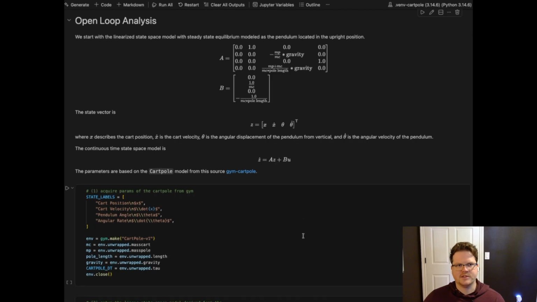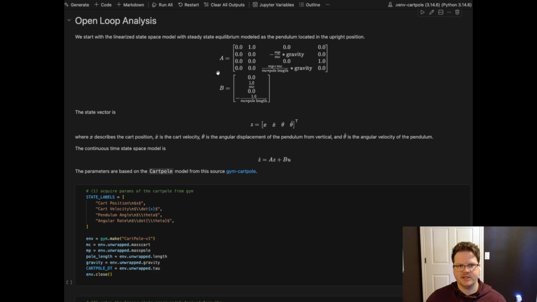So the open loop analysis here is collected from the linearization of the Cartpole, which was the second video, after doing the Euler-Lagrange dynamics modeling of the system and linearizing about the upright position, the pendulum that is. So that's just plug and play here.